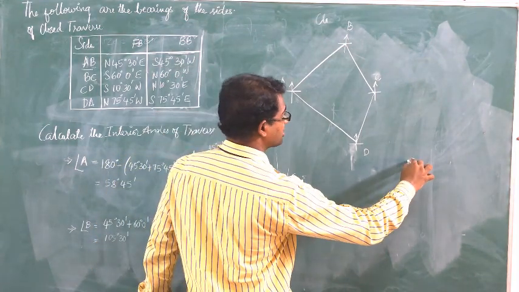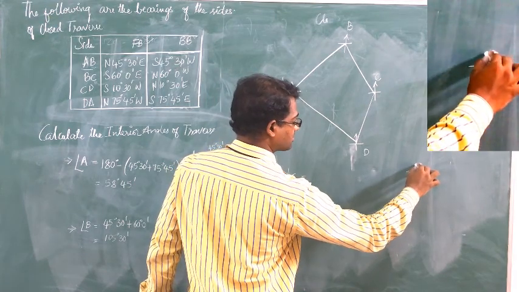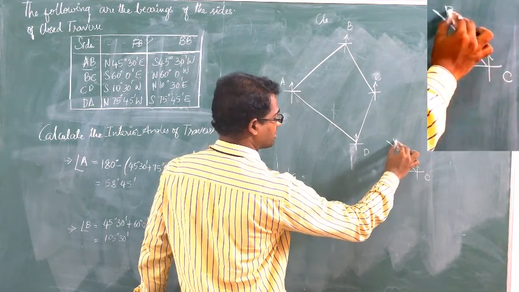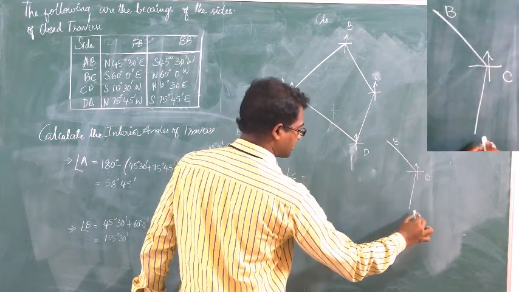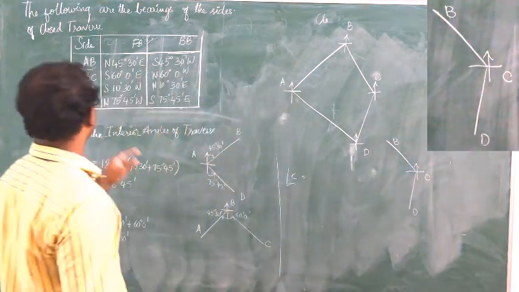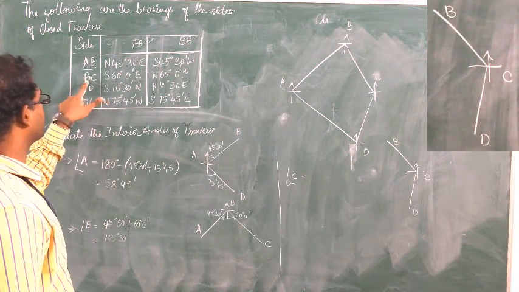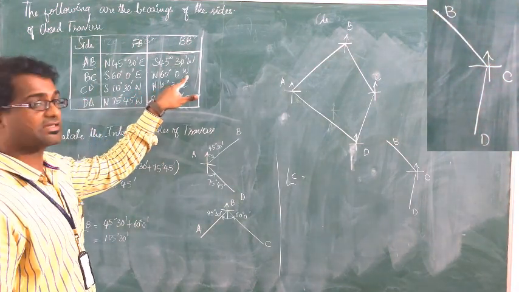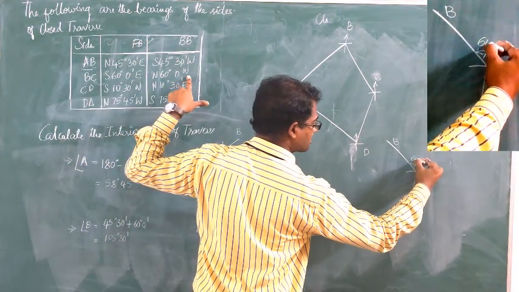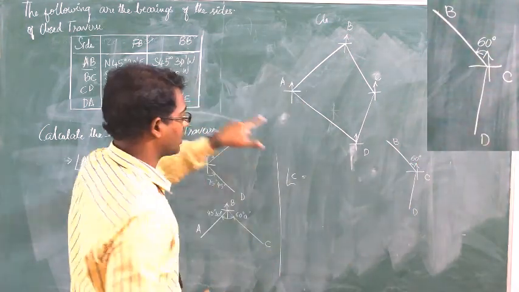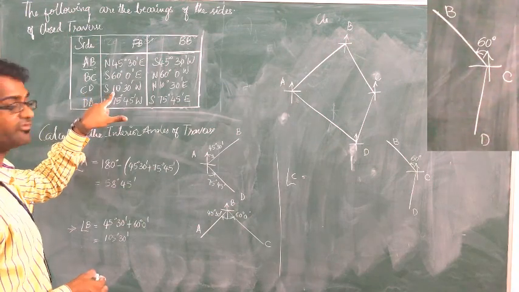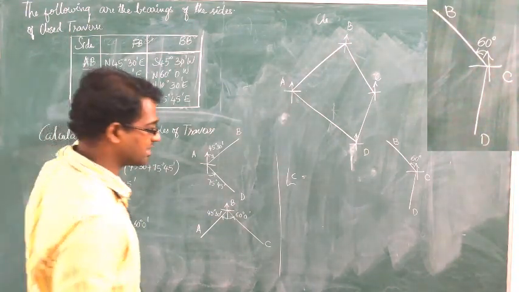Now let us calculate angle C. Now let us take station C. You have two survey lines, one survey line to B, another survey line to D. C to B bearing is north 60 degrees west. This angle is given to you as 60 degrees. Now C to D is nothing but the bearing 10 degrees 30 minutes west.